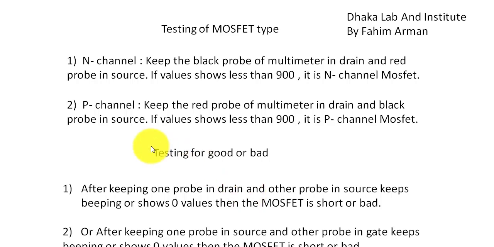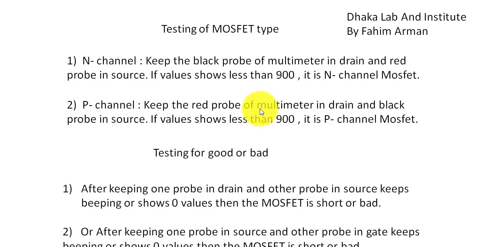For N channel, you have to keep the black probe of the multimeter on drain and the red probe on source. If the value shows less than 900, you can say it is an N channel MOSFET. And for P channel, keep the red probe of the multimeter on drain and the black probe on source. If the value shows less than 900, you can say it is a P channel MOSFET.